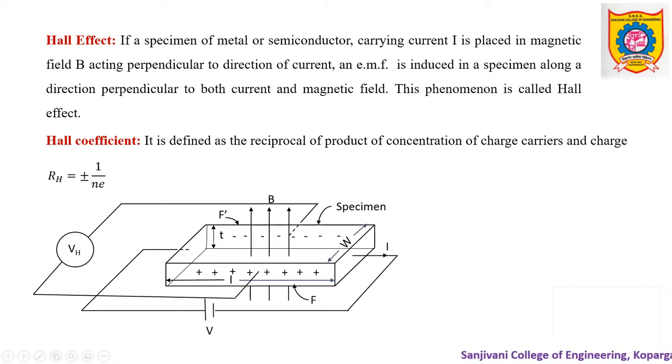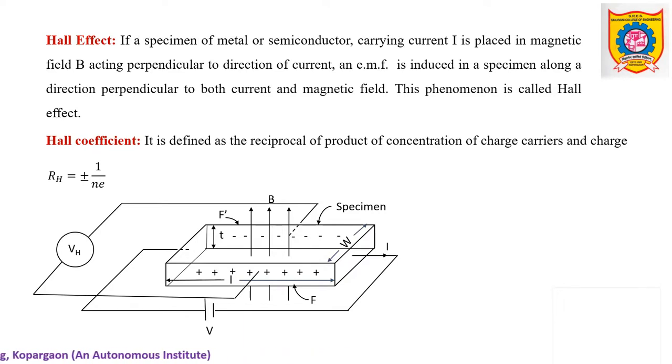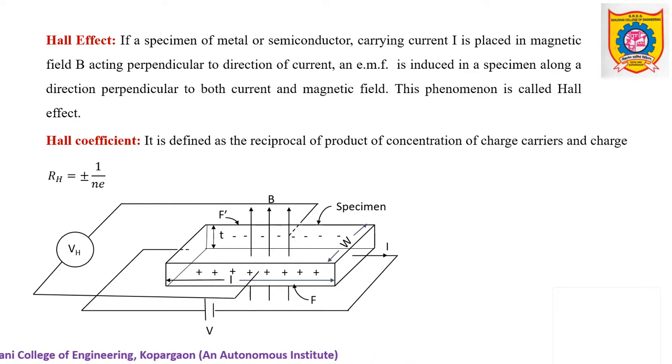Now the Hall coefficient is defined as the reciprocal of the product of concentration of charge carriers and charge. The concentration of charge carriers is denoted by N. As already discussed, if it is a metal, the charge carriers are electrons. If it is a semiconductor, the charge carriers may be electrons or holes, and their number will be different depending upon the type of semiconductor.